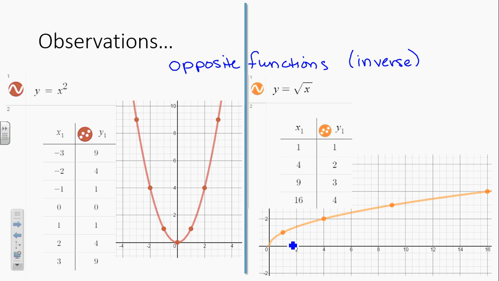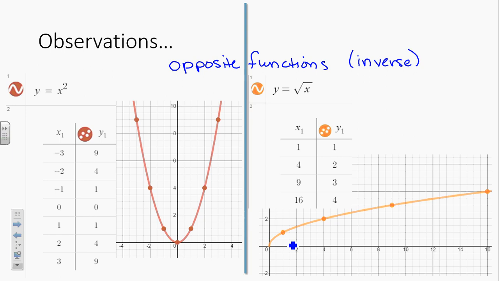We don't want to try the square root of 3 because we don't know that off the top of our head. We tried 9 and got 3 out. We put 16 in for our input, and our output is 4. When 16 goes in for x, y, or the function, becomes 4. And we got this half parabola that opens to the right. Make sense?